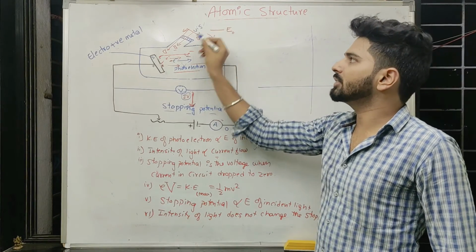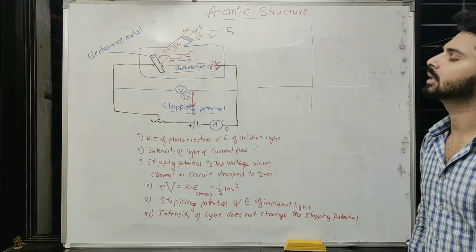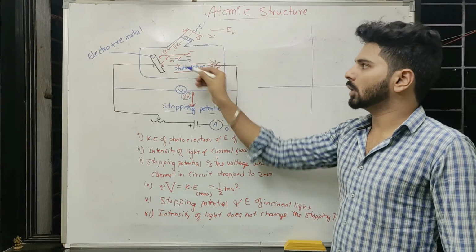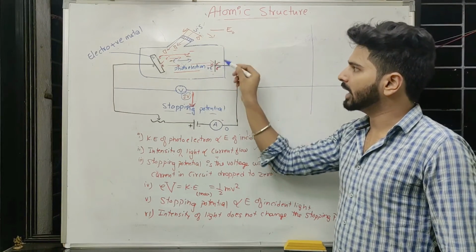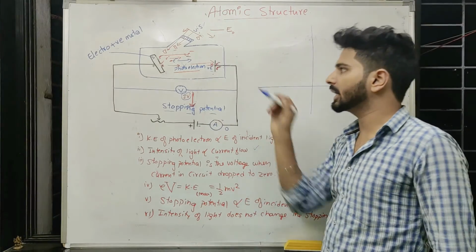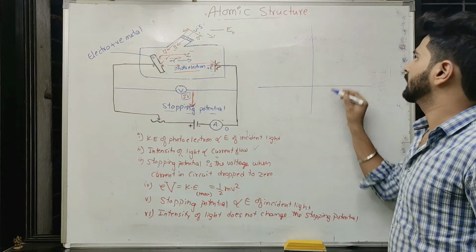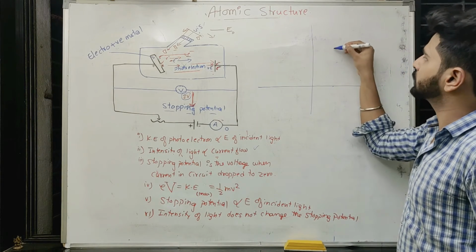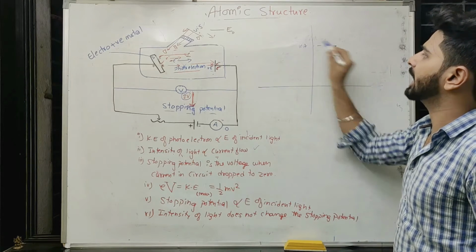Since only visible light is present, all the electrons have the same kinetic energy and they reach the circuit at the same time, so the number of electrons entering the circuit becomes constant, and let us say at 2 volts it shows some current, let us say 10 ampere.